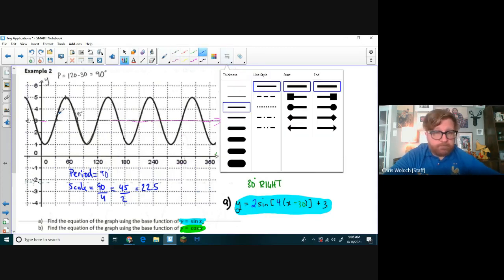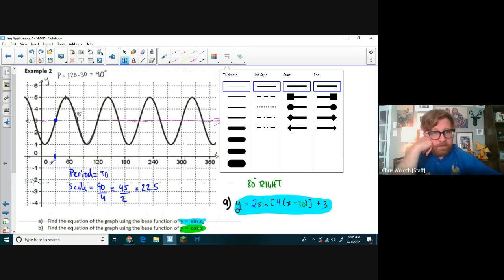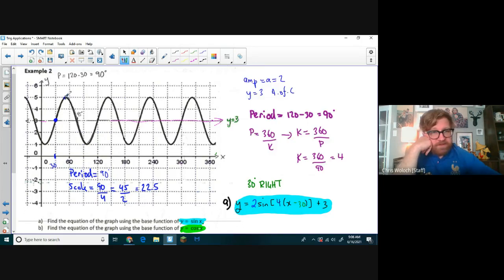Let's get another color. Okay, so again, what is this point? This point down here is 30. Now, what is this point?